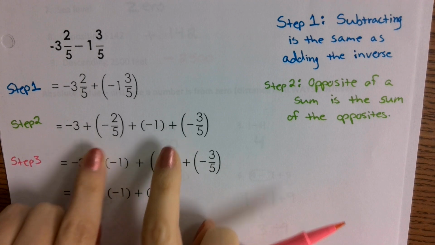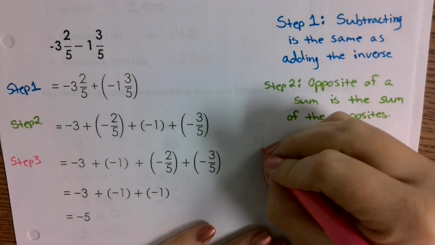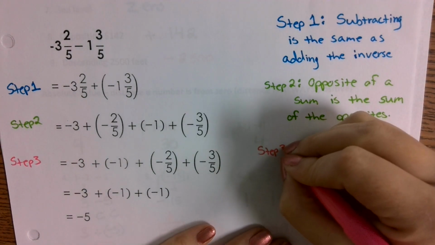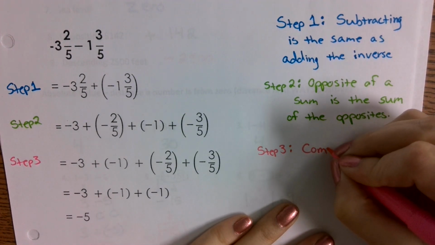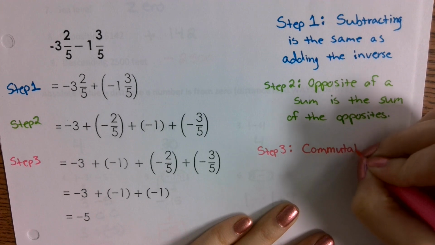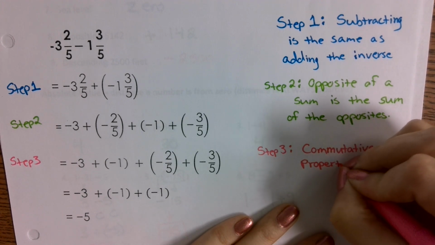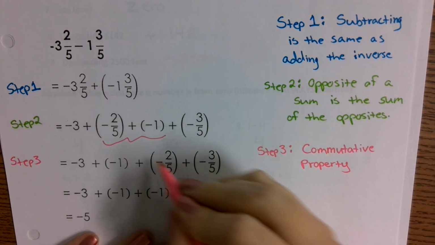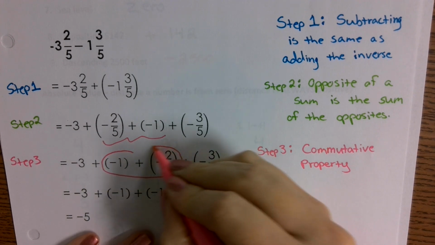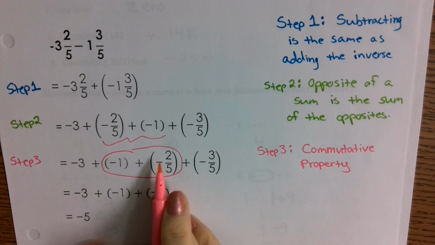No. But when we switch the order, what is the order switching only going to be, Logan? Commutative. This is a commutative property. So step 3, we use the commutative property. Okay, so this portion right here became this portion here. Negative 2/5 plus negative 1 became negative 1 plus negative 2/5.